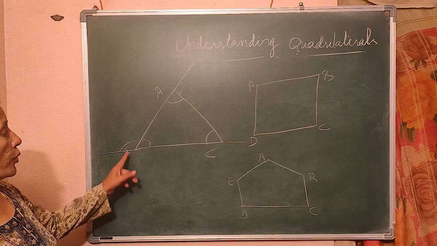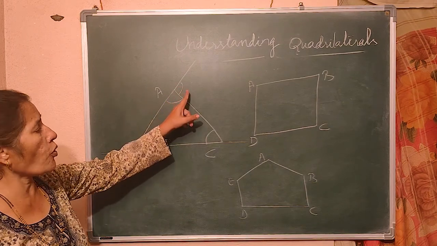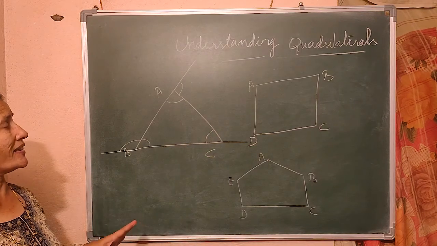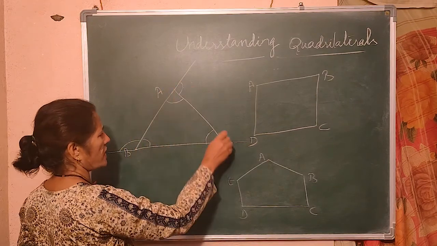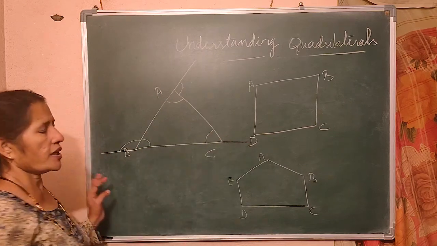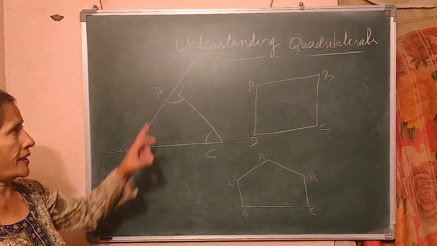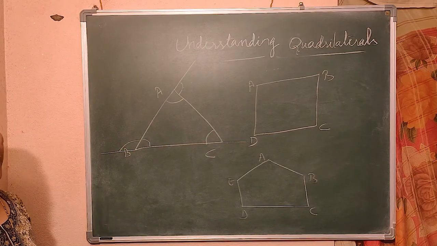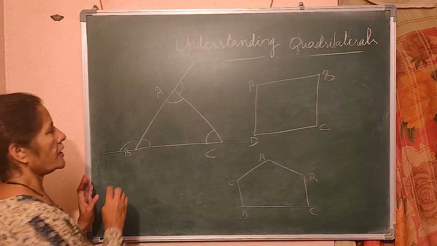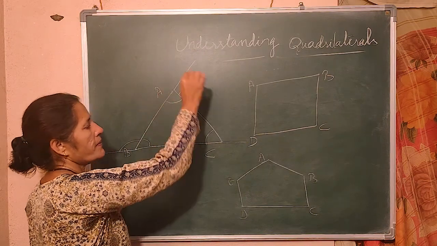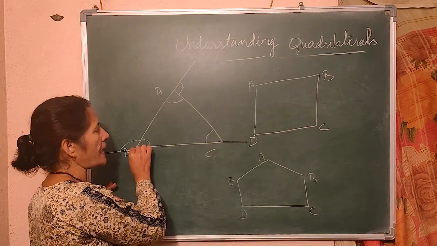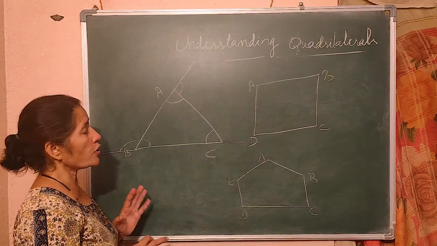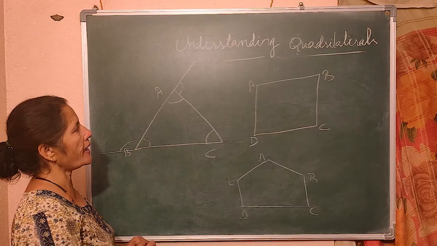And the sum of all these exterior angles is not 180 degrees, it is 360 degrees. How much? 360.